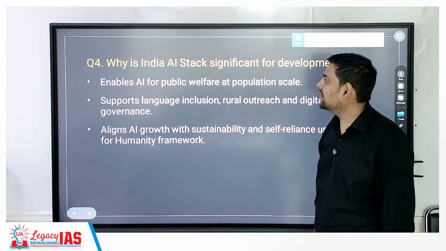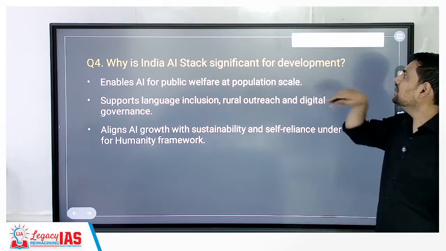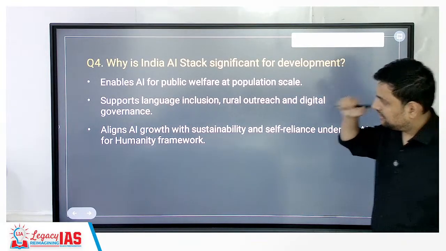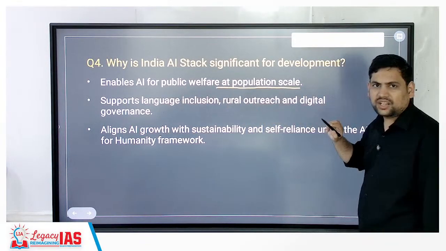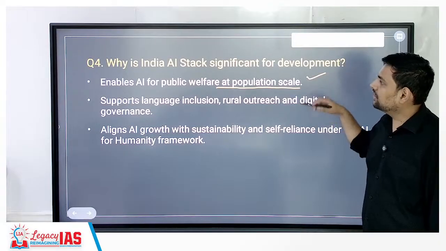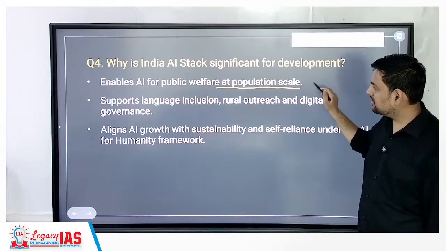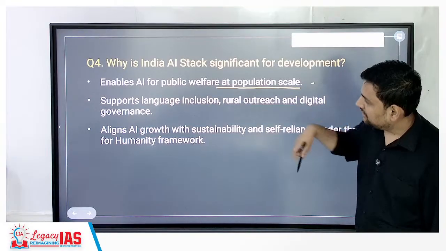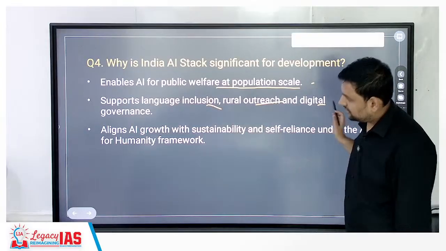Now, why is the India AI stack significant for development? First, it enables AI for public welfare at population scale. This is correct; the India AI stack is significant because it is bringing artificial intelligence at population scale. Then it supports language inclusion, rural outreach, and digital governance.